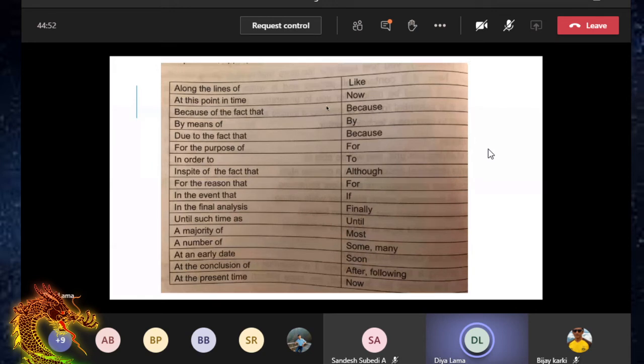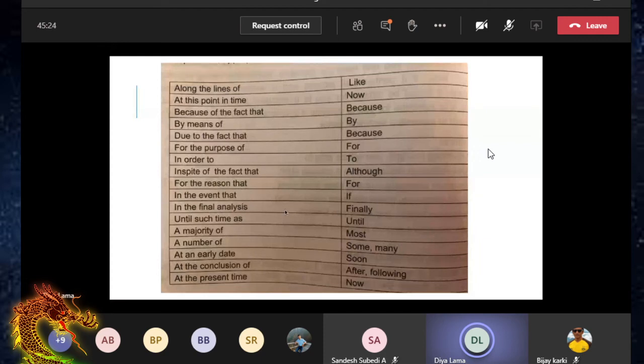For the purpose of, instead you can just write for. In order to, instead just to. In spite of the fact that, instead although. For the reason that, just for. In the event that, if. In the final analysis, finally.